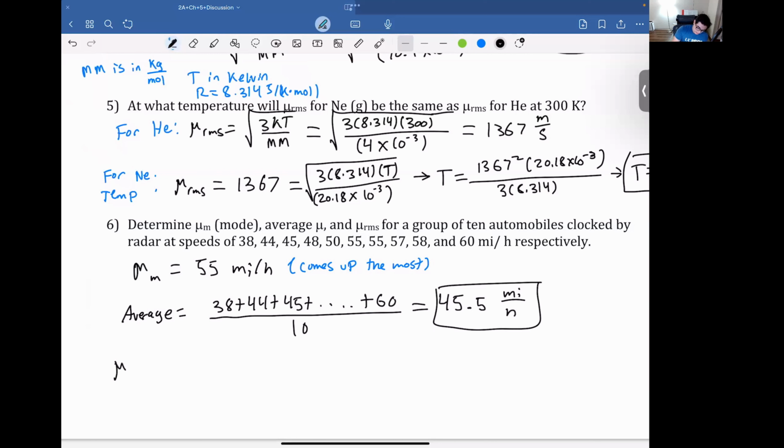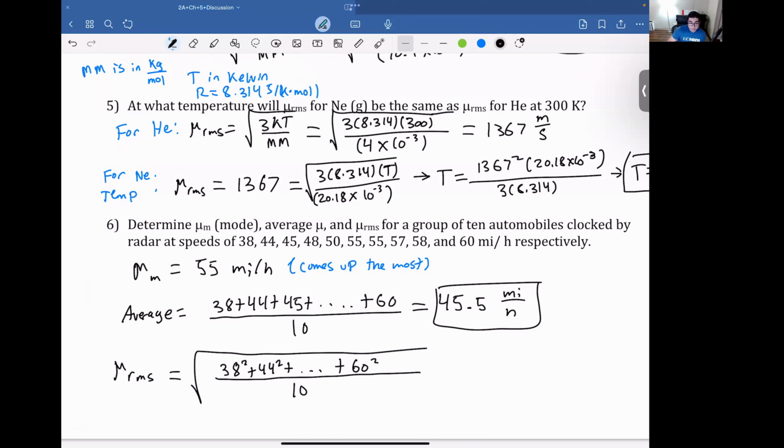And then we can do our root mean square. So where does the name root mean square come from? We're taking the square root of the mean of squares. So you're squaring each term, then you're averaging them.